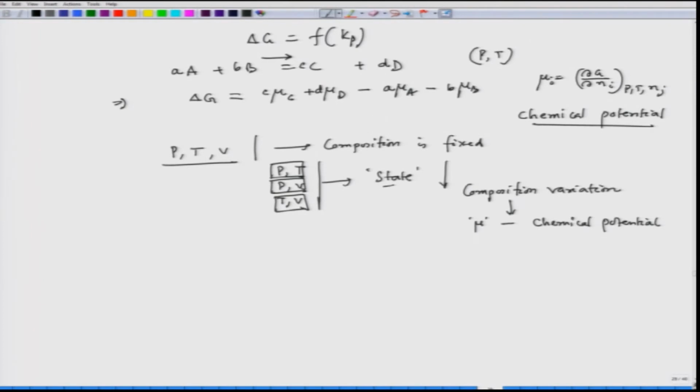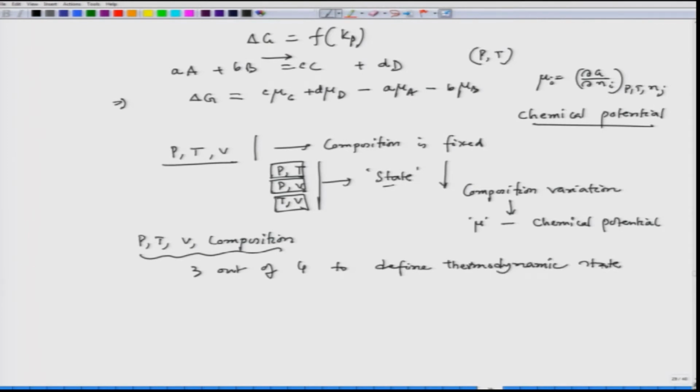So, when we have a system with P, T, V and composition, in order to define the state of the system, we need 3 out of 4 to define the thermodynamic state.